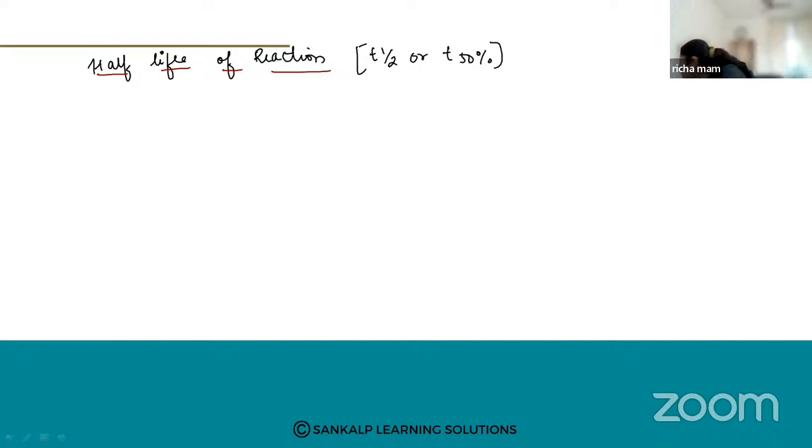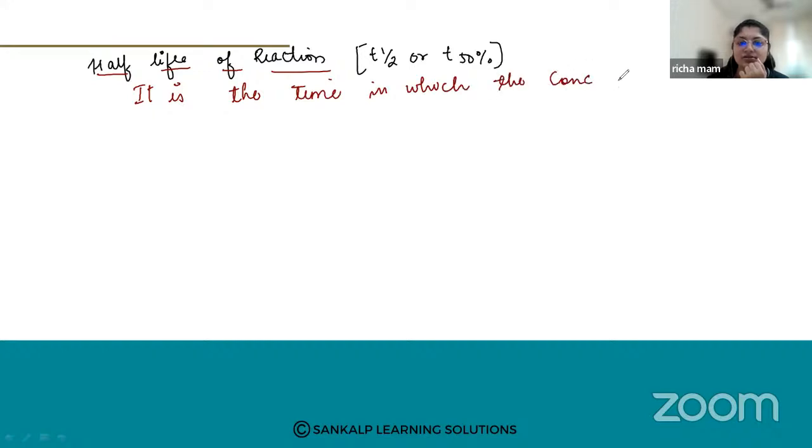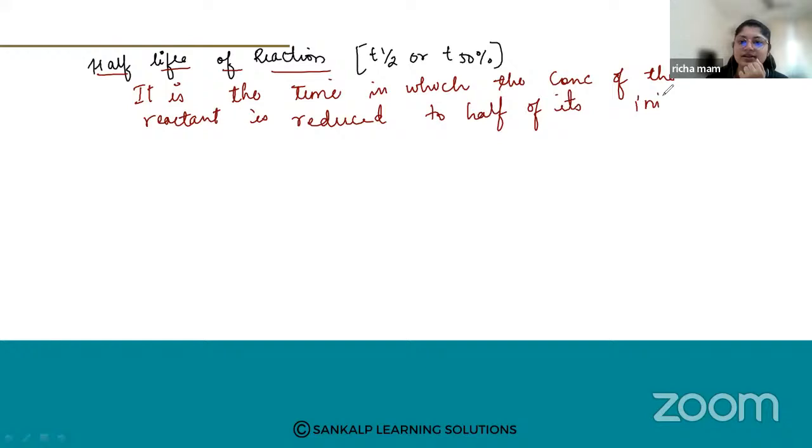So you can note it down. What is T half of the reaction? It is the time in which the concentration of the reactant is reduced to half of its initial concentration.